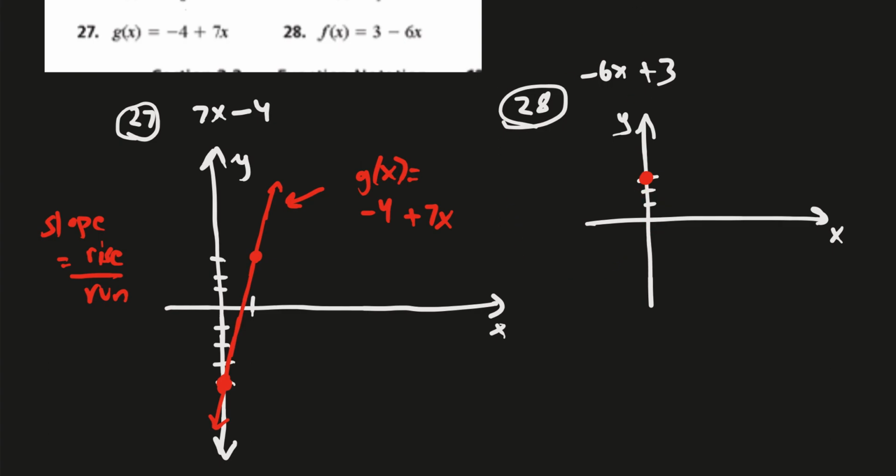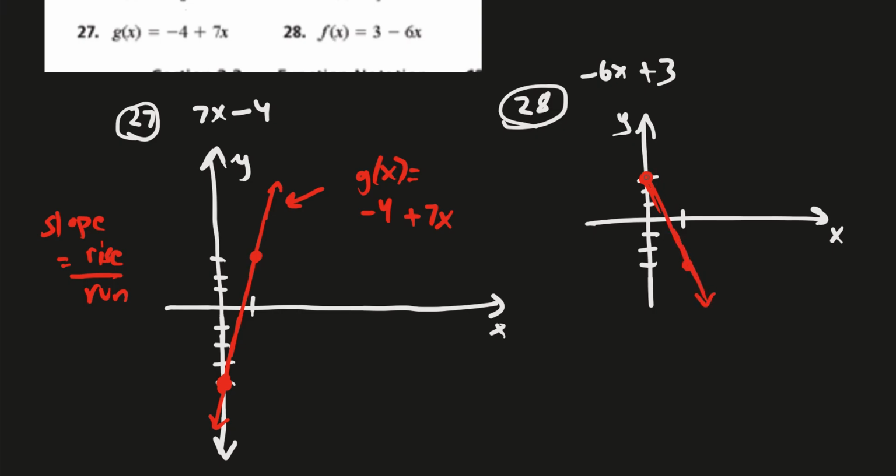So this is going to be down 3, and then we can go down 3 more, and then that's 6, and then we can go to the right 1. You can do that if you wanted to, and that would be our point. Or you can go up 6 and left 1, which I don't want to do because I don't have space here, but that's something you can do too.